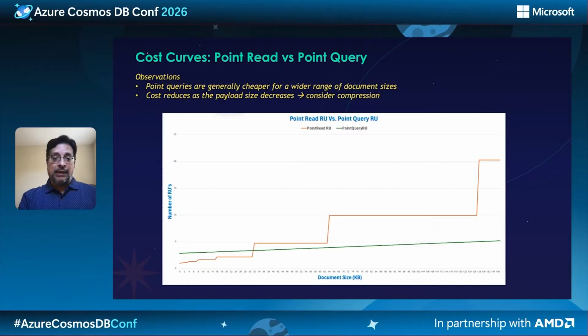Point reads double in cost as a power of 2 of the document size. However, you'll notice that under 32 KB, it's cheaper than point queries. But because point queries have a very flat slope, over time, they end up costing less.